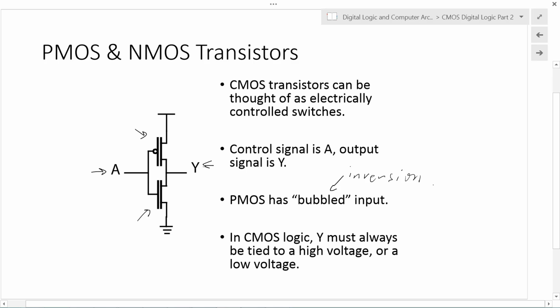In CMOS logic, the Y must always be tied to either a high voltage or a low voltage, logic 1 or logic 0. There are some minor exceptions to this, which we will come to in later lectures.